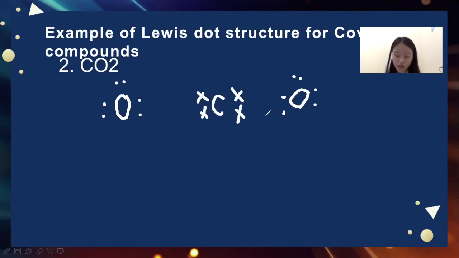And then we arrange and connect them with a circle like before. Since there are 3 atoms, we make 3 circles here.